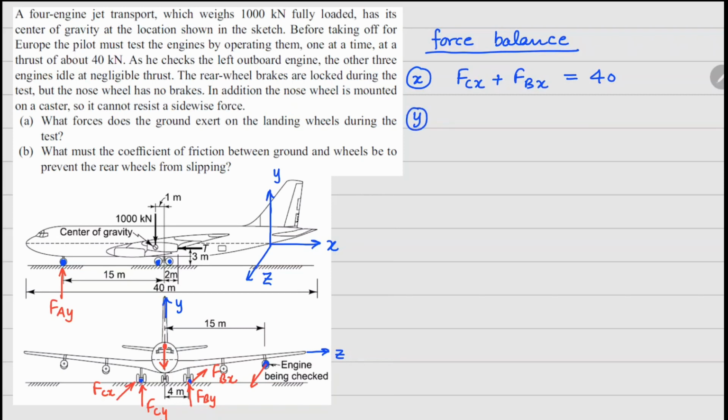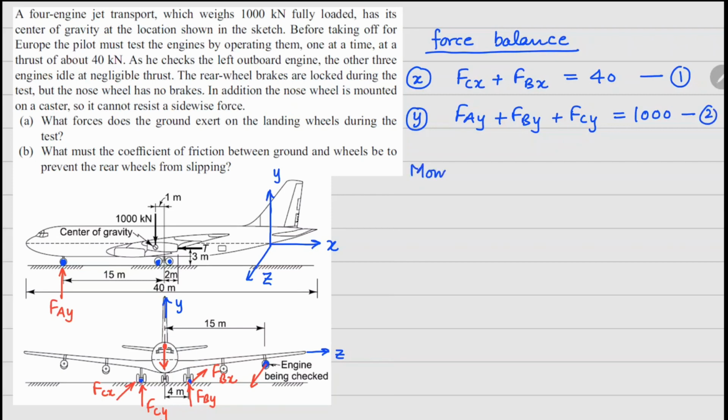Now in the Y direction, we have all the normal reactions, FAY plus FBY plus FCY, and all of this will balance your weight, that is 1000 kilonewton. In the Z direction, since we are ignoring that friction in the sideways, there is no force, so we are not writing that equation. So now if you notice here, there are total 5 unknowns here. Okay, so we have only 2 equations so far, so we need 3 more equations.